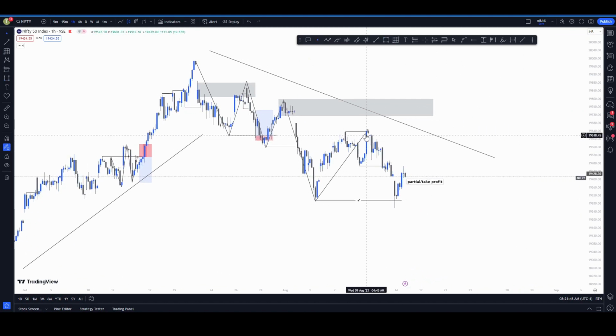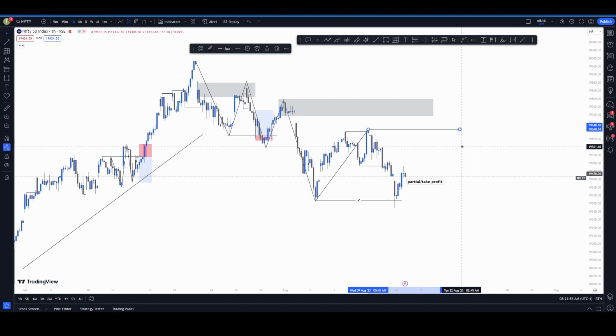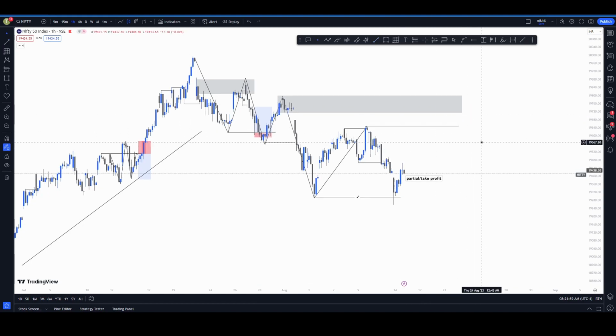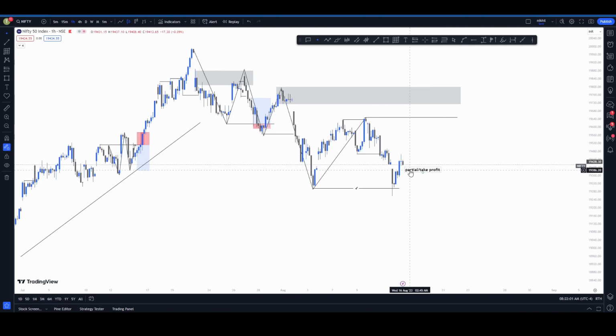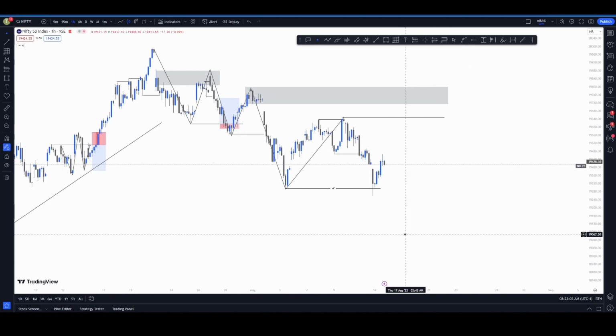ओके, एंड उसके बाद प्राइस ने, what do you guys can see here, ये हाई है. ओके, इसके ऊपर प्राइस के पास क्या है, सप्लाई जोन है. What we just talked about right now, कि whenever you see a fake move, प्राइस is not tapping to its supply zone.